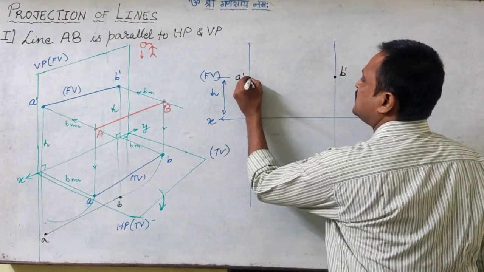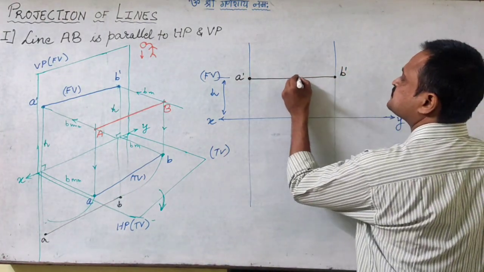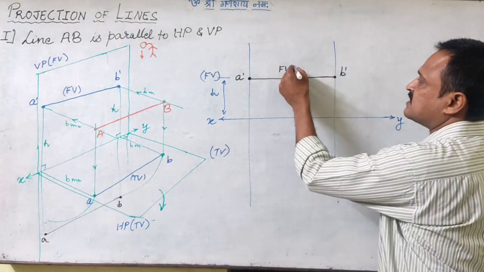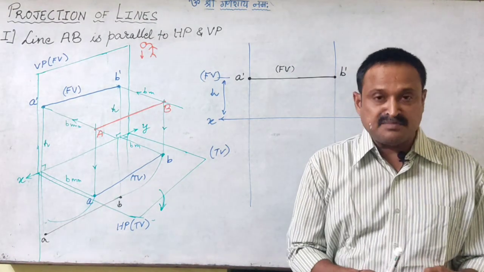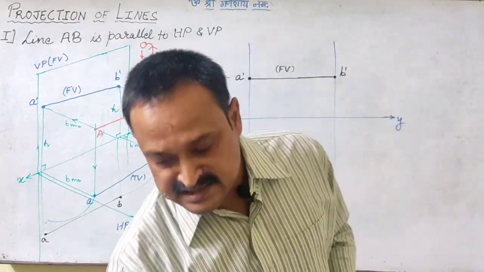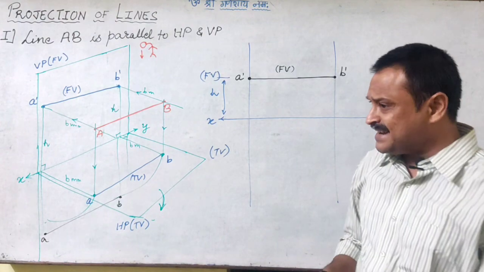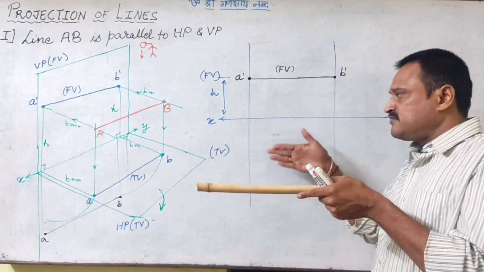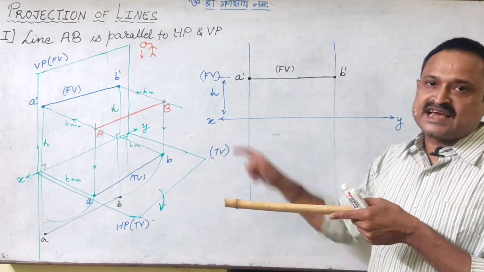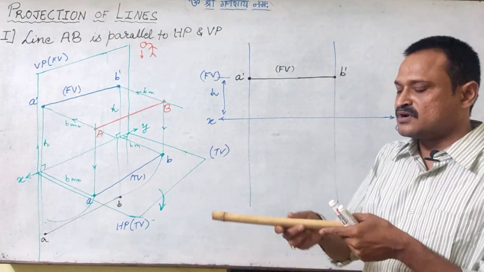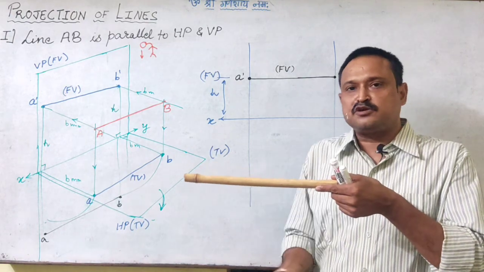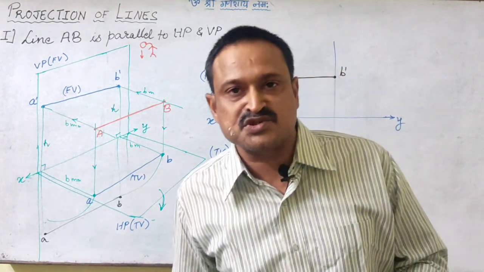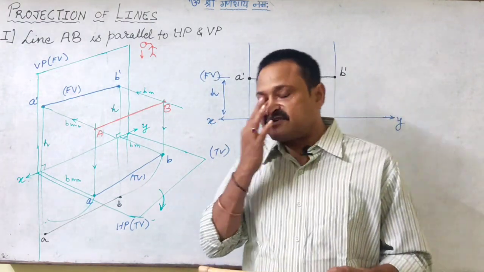When we join A dash and B dash, we get the front view image of this line. Now let us understand it this way: when the line is parallel to HP, its front view image will be parallel to XY, the reference line.